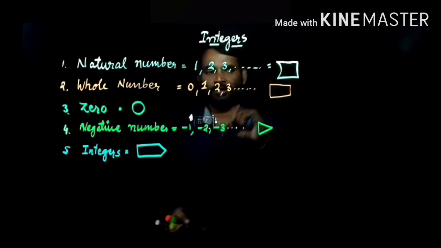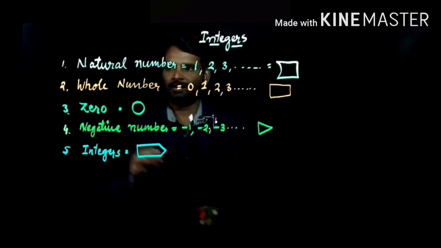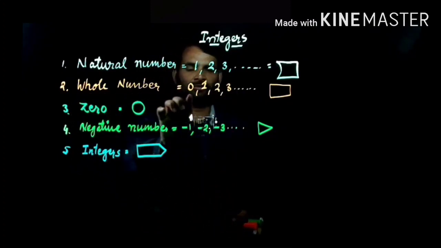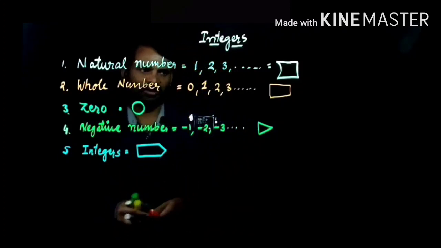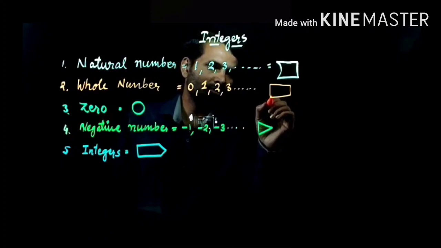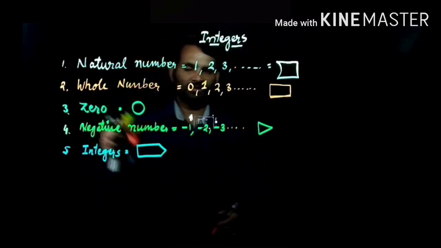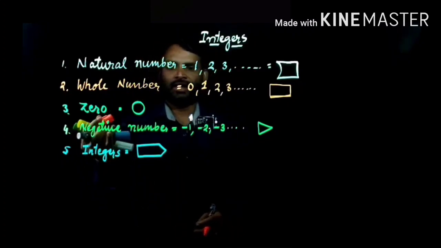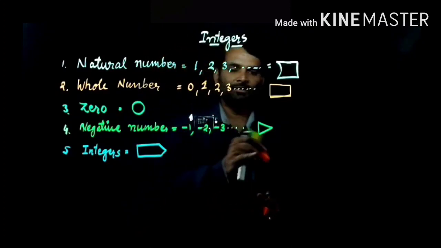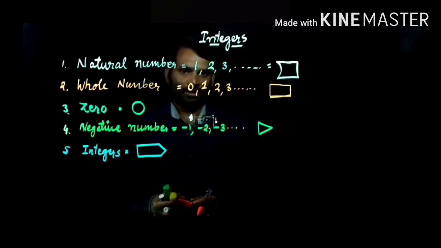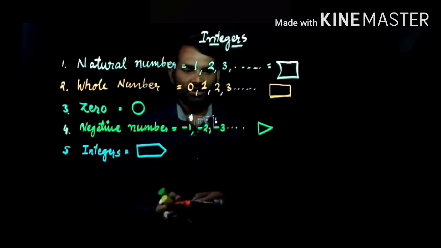Its shape is a bar diagram. The whole number starts from 0, 1, 2, 3 and its symbol is a rectangle shape. 0 will be a circle shape, and a negative number is any number you put before 0. Its symbol is a triangle, and the integer symbol is this type.